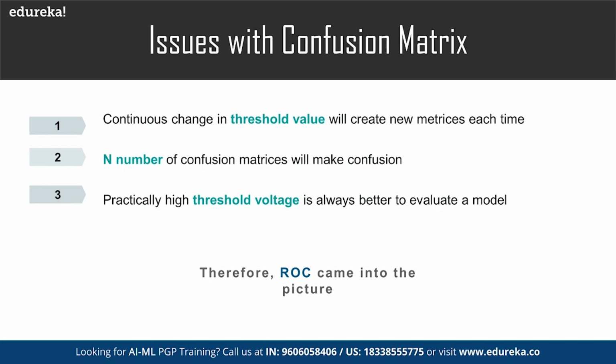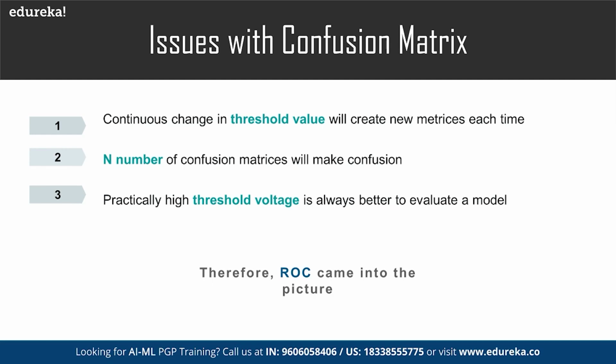When we see that this threshold value is no longer useful for us, we change it. I told you already, the threshold value falls between 0 and 1, and typically in industry they choose 0.5 as the default threshold value.